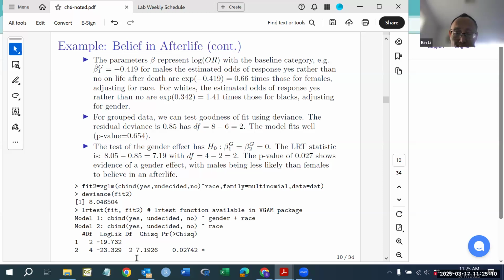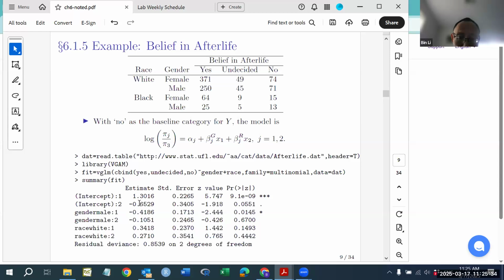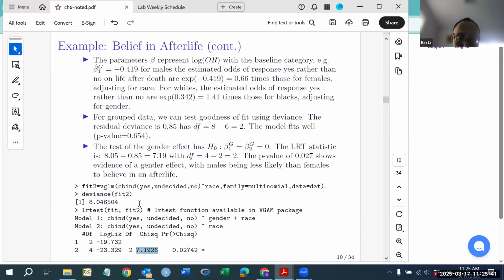And what about the test statistic? Yeah, we have the chi-square is this one, the difference.